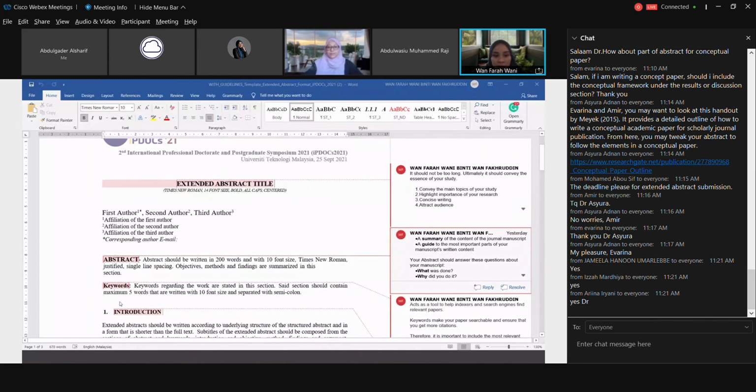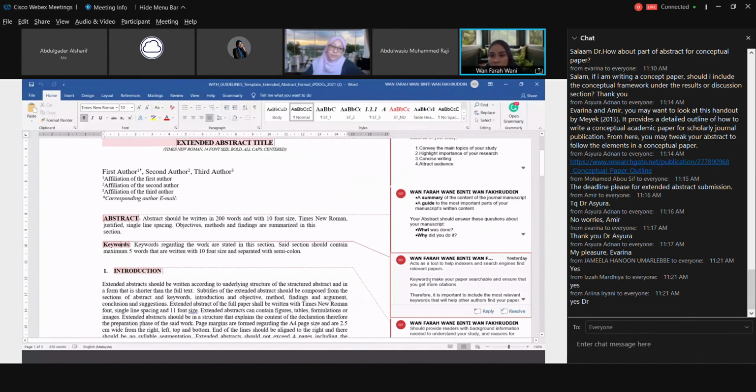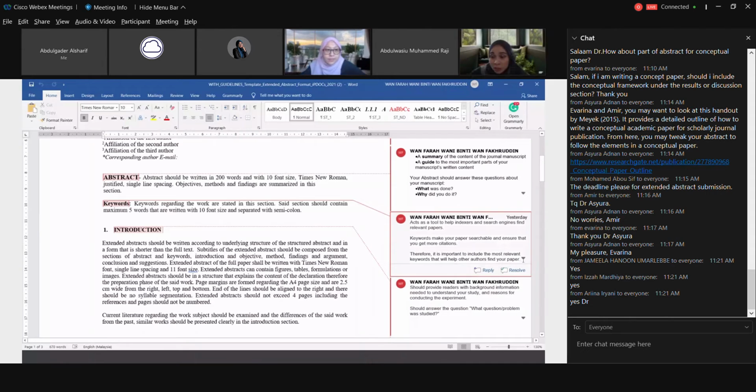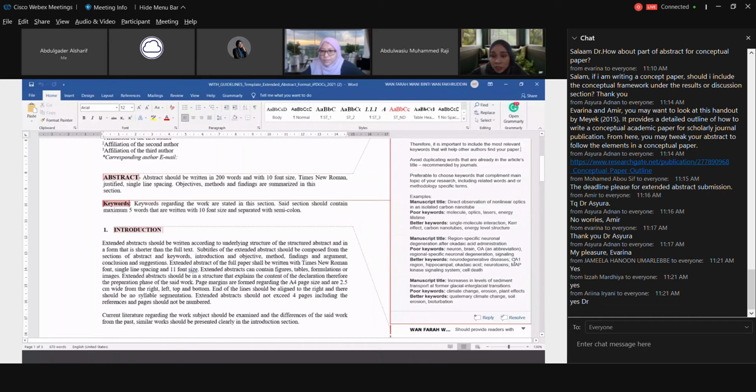Here I said keywords act as a tool to help indexes and search engines find relevant articles. I found this from the site for this workshop. It is preferable to choose keywords that complement the main topic of your research, including related words or methodology-specific terms. For example, the manuscript title: direct observation of non-linear optics in an isolated carbon nanotube.